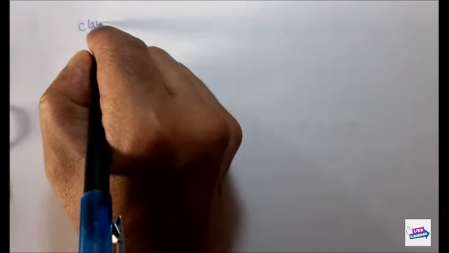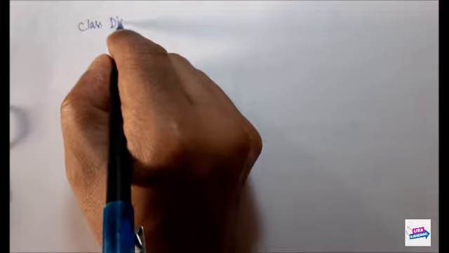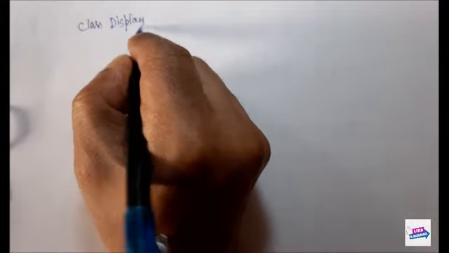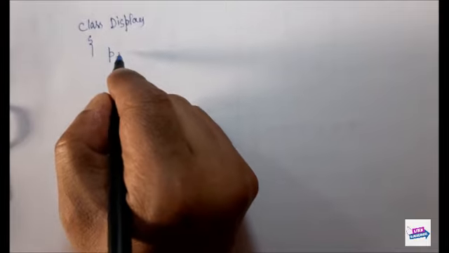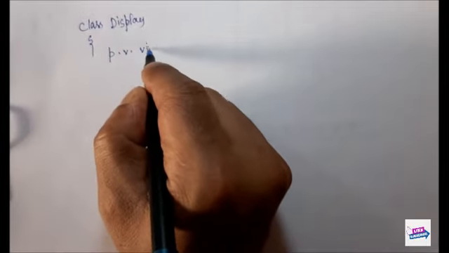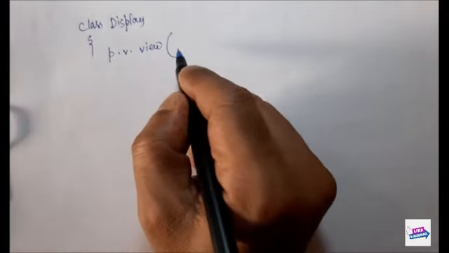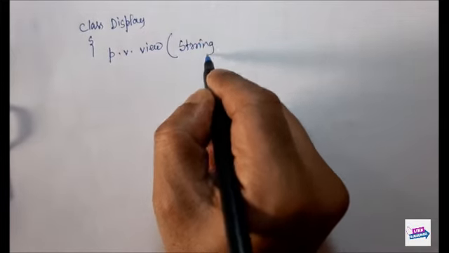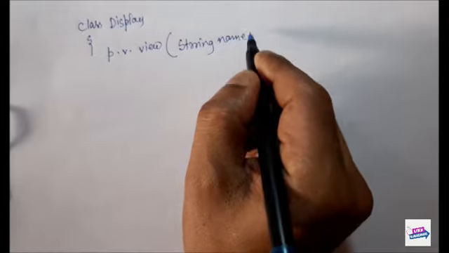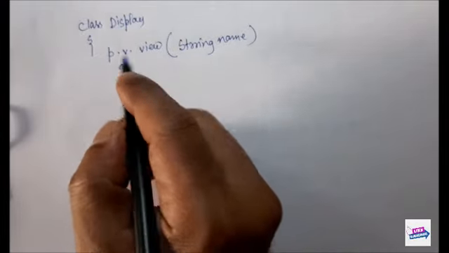So the class name is class Display. You already know that this is my class, and within this class we have a public void view method. With this method I pass a string, string name, as an argument.